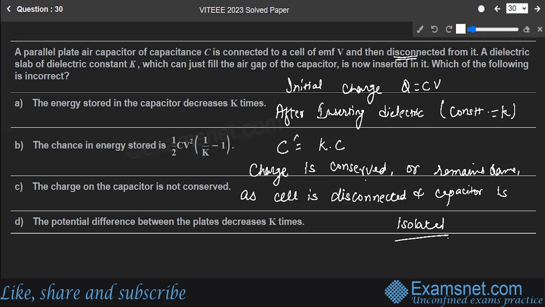So you have the new capacitance equal to K times the initial capacitance.